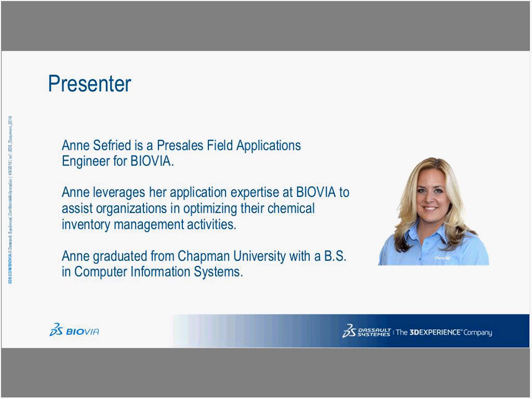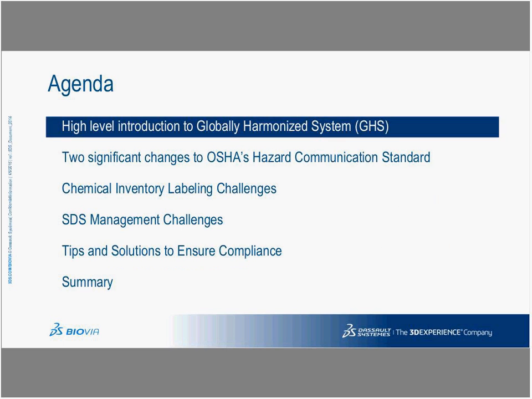Thank you to everyone for joining us today. Let me go ahead and advance this here. Just a high-level overview of what we'll be covering: a quick introduction to the GHS, as well as a little bit about the OSHA standard and how that applies here to chemical inventory management.